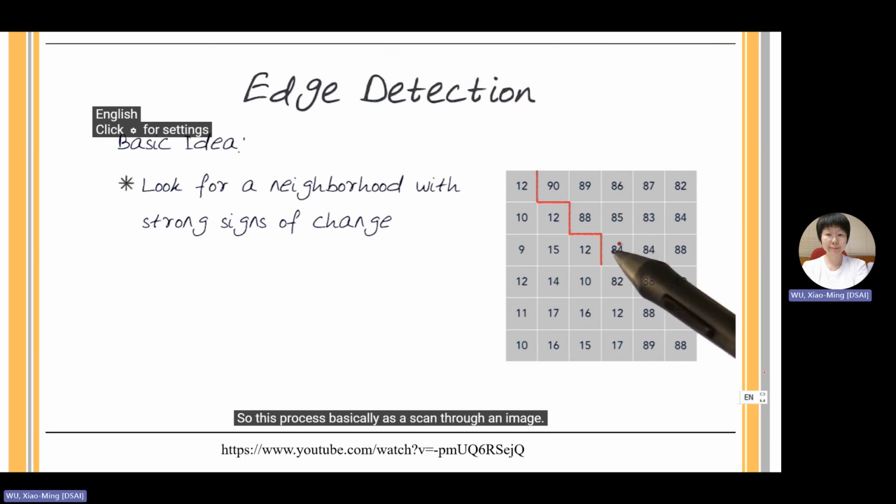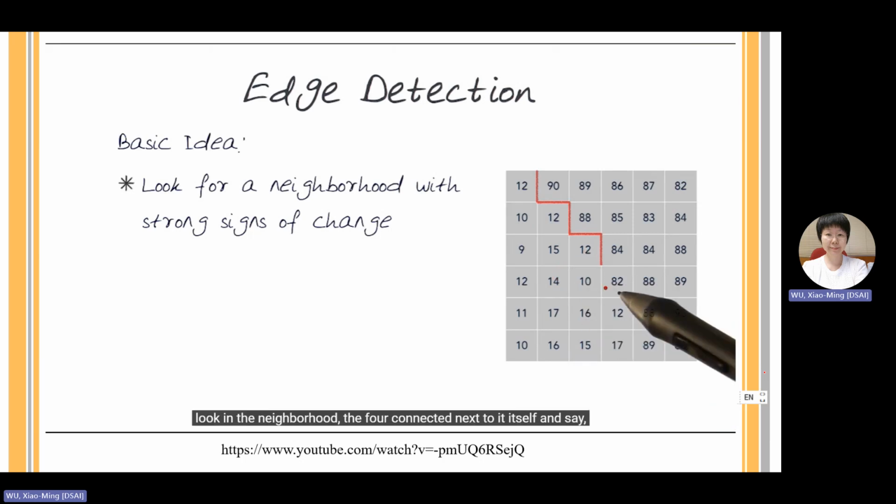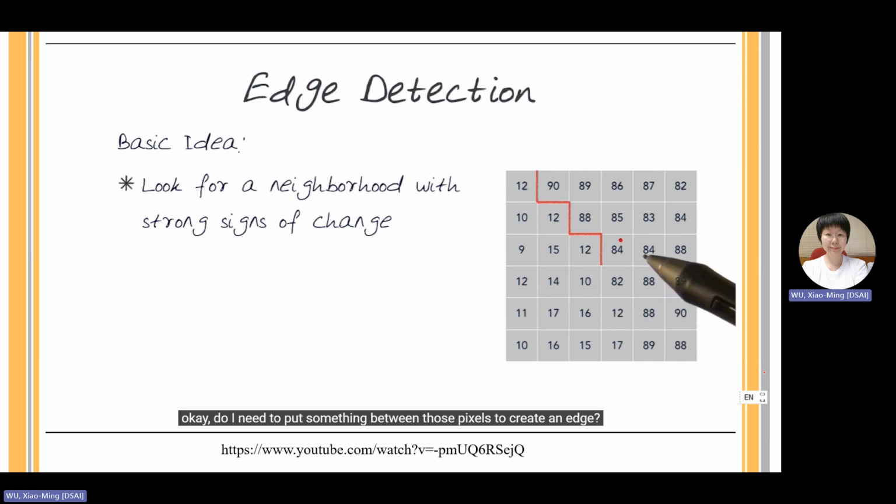So with this process, as I scan through an image, I look at each and every pixel and its neighborhood, the four connected pixels next to it, and say, do I need to put something between those pixels to create an edge? I can go through the whole process and see how this looks for this instance.